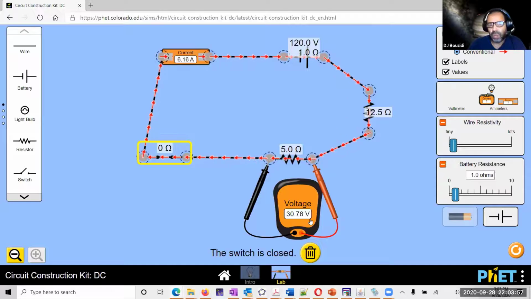So I'm going to stop this one quickly. I mean, I will write these numbers first. I will write 6.16 amps for the current, and I'm going to write 30.78 for my voltage. And I'm going to stop sharing the screen and go into my PDF file, okay?